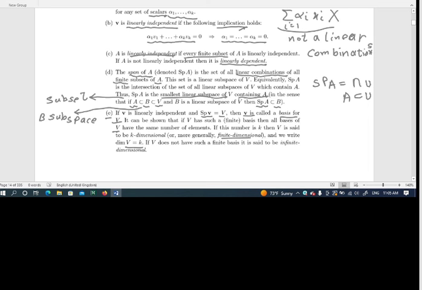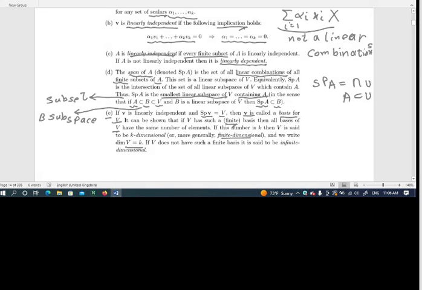If there is a finite basis for V, we can show that all the other bases have the same number of elements. For example, if we have a basis with 10 elements, every other basis must have 10 elements, not more or less.